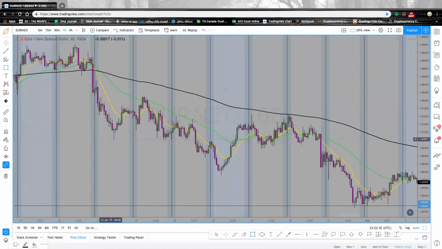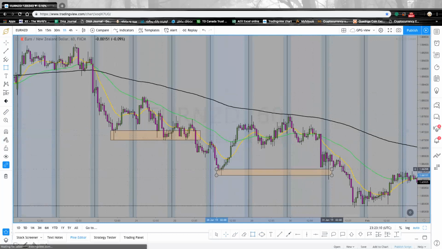So a wick formed. Why does this wick form? They want to go down, they don't have liquidity, so they come and try to accumulate buys. Touch this as a support, trying to accumulate, make the people buy, and then fill the wick. They wanted to go lower, didn't have liquidity.